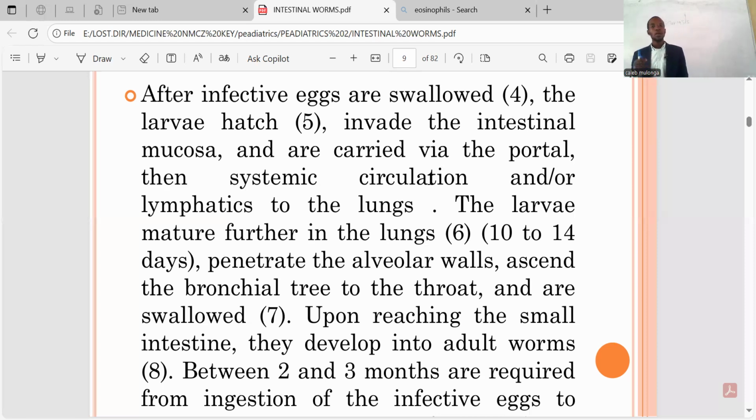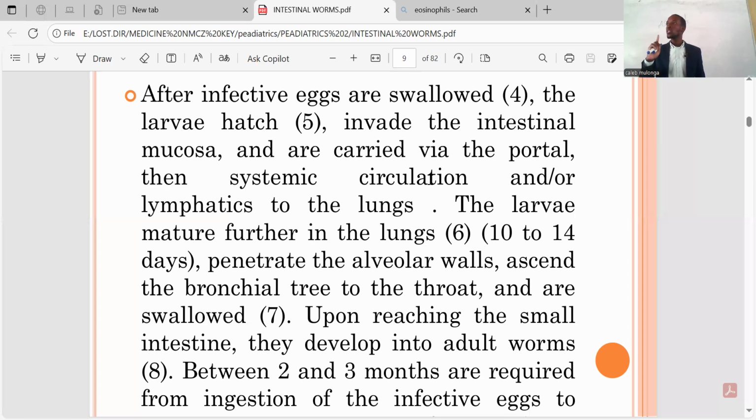The larva matures further in the lungs for about 10 to 14 days. It will penetrate the alveoli walls and ascend through the bronchial tree to the throat and will be swallowed.